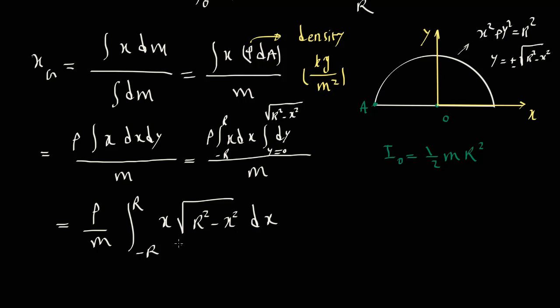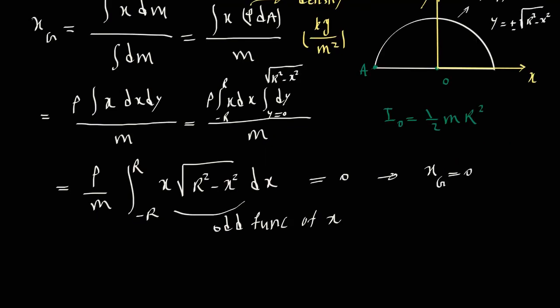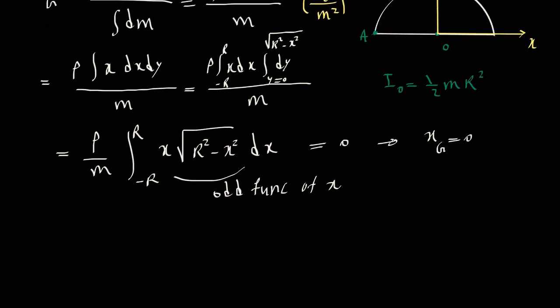Because this is an odd function of x and we have symmetric boundaries, this integral would be equal to 0. So anyway, x of g is equal to 0. We could also say that just based on symmetry, but it's good to do the calculation once at least.